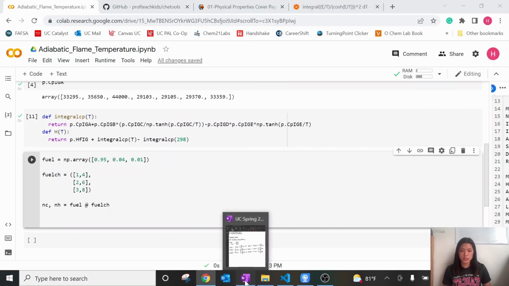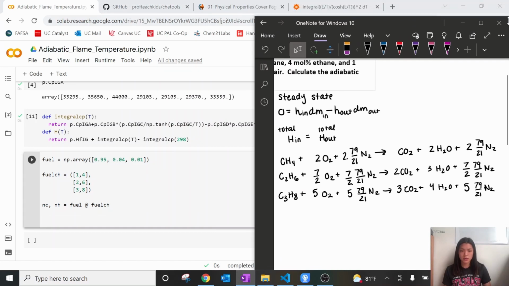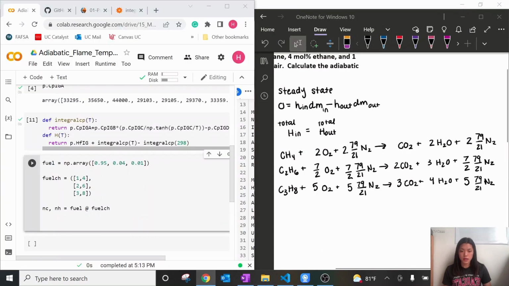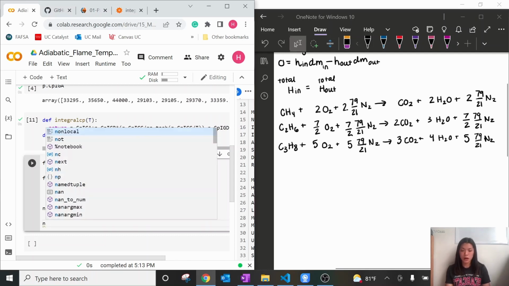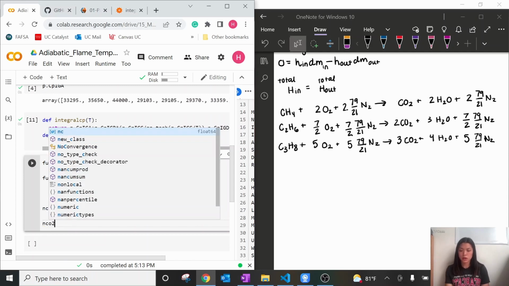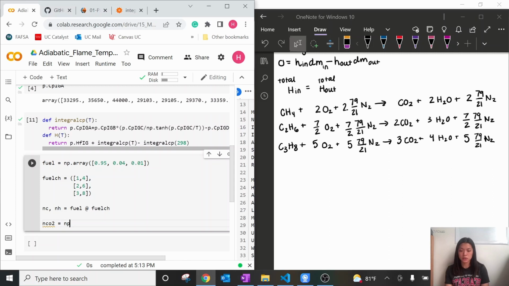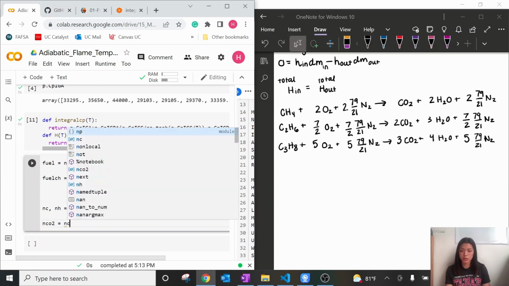So we can see that the moles of carbon dioxide is equal to the number of carbons.